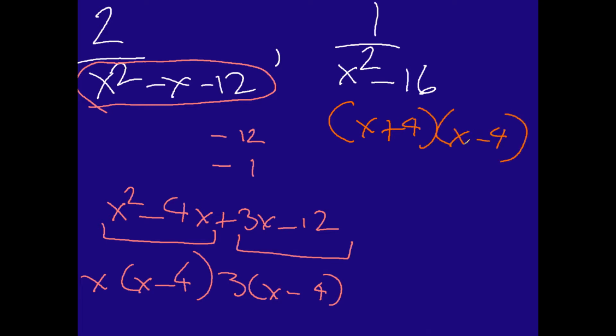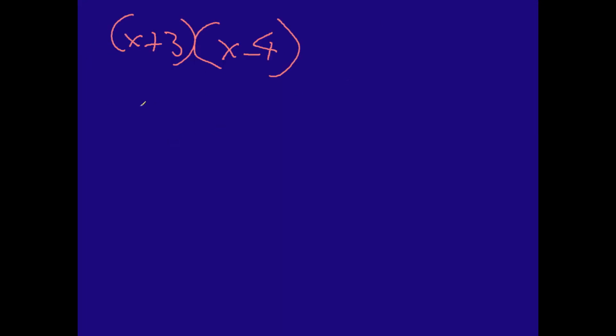The positive 4x and negative 4x cancel out, and 4 times negative 4 makes negative 16. That's how you get that. For the second one, we get x minus 4, which is what they have in common, and then we have the x plus 4.